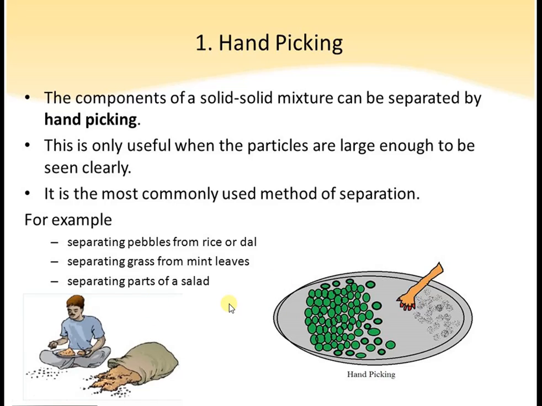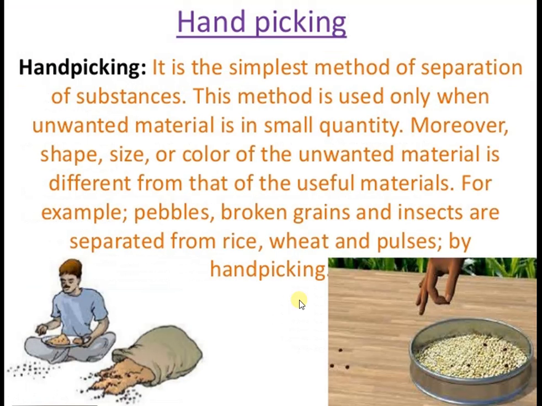For example, separating pebbles from rice or dal, separating grass from mint leaves, separating parts of a salad. Hand picking is the simplest method of separation of substances. This method is used only when unwanted material is in small quantity.